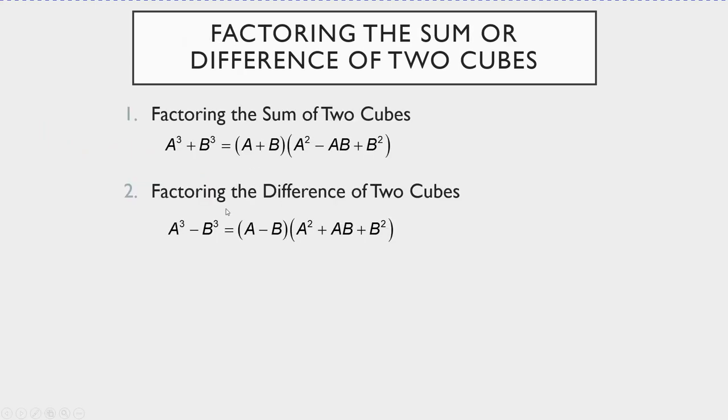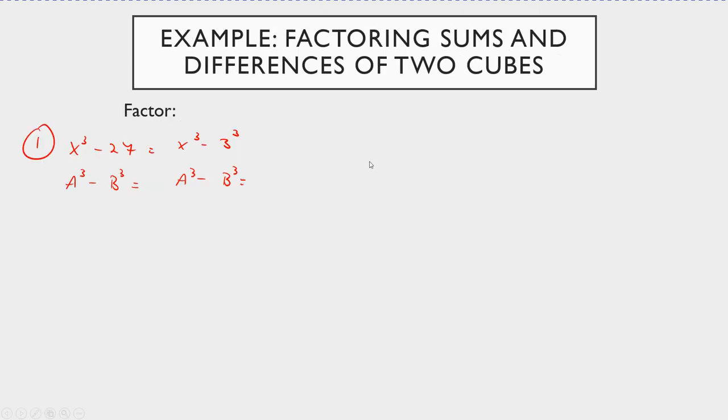You're just going to follow the formula: a minus b times, in parentheses, a squared plus ab plus b squared. My a is x, my b is 3, so it's x minus 3, then a squared, so that's x squared, a times b, so that's x times 3, so plus 3x, and then b squared, 3 squared, gets me 9.